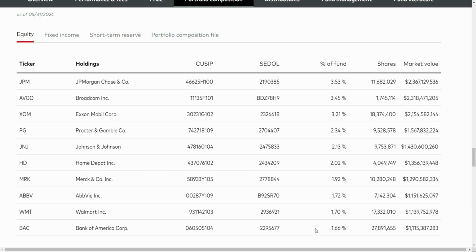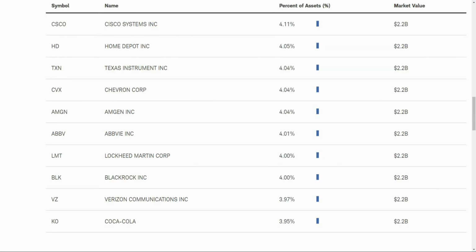So the top holding is twice as much as a percent of assets under management versus the number 10 holding, which has about half of the amount. And you are going to see that discrepancy mirrored in other holdings too, with Walmart being 1.7%, and that is the 9th holding, and that is still under half of the top holding. In other words, SCHD has a good amount less top heaviness between the top 10 holdings as a whole.